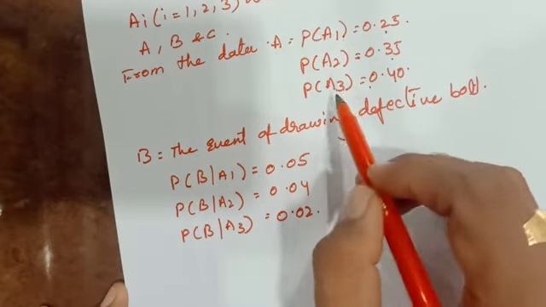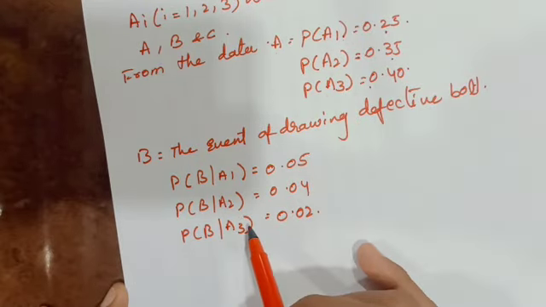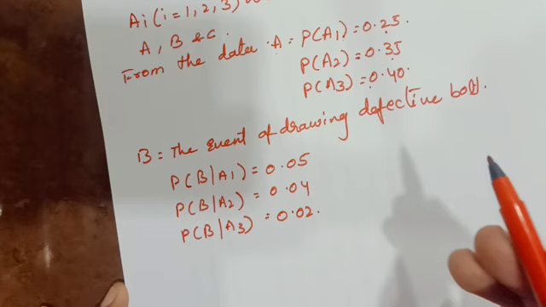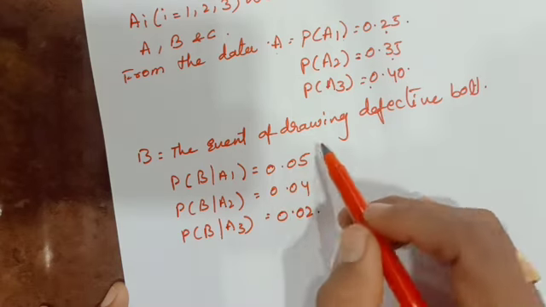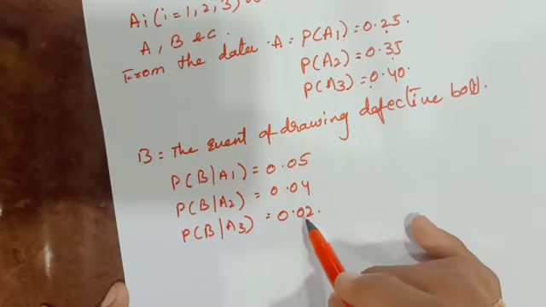What we need to find is the probability that it was manufactured by any of the machines, whether A, B or C.